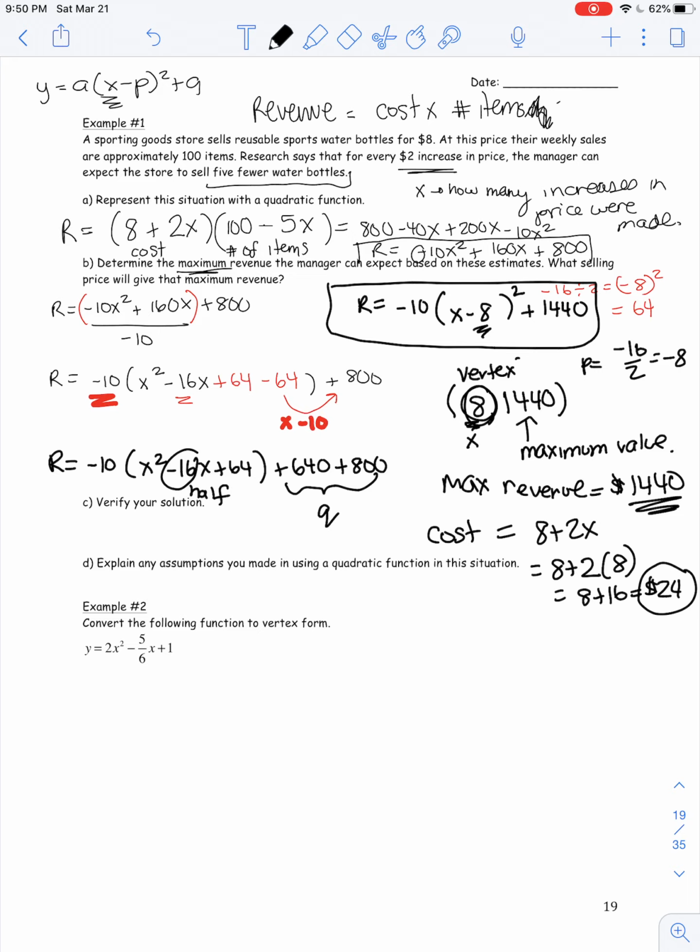To verify our solution, we can always graph this and check the vertex. We can check to see if the vertex is (8, 1440). If it is, then that would be our way of checking to see if it's true.